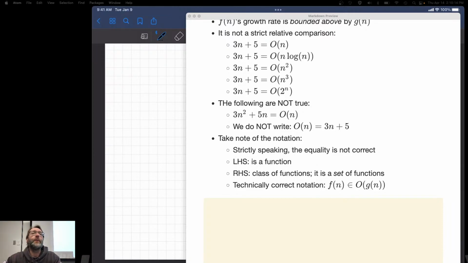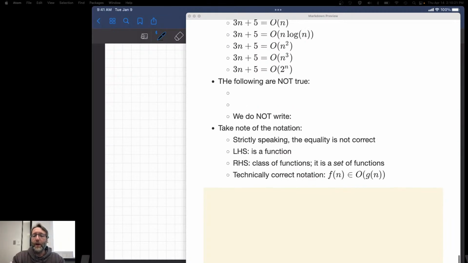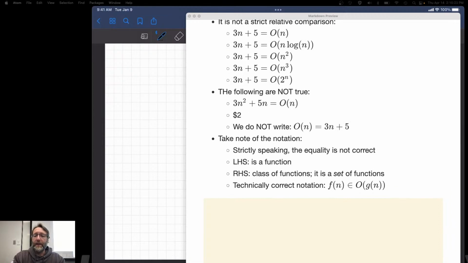You read it left to right. The following are not true. We don't write that. Also, another example: 2 to the n is order n. That is not correct. You can't bound an exponential function from above with a linear function.